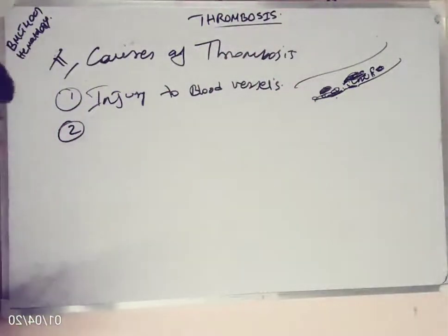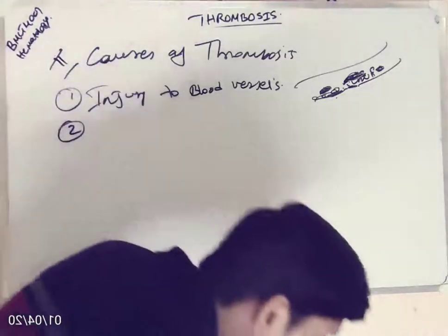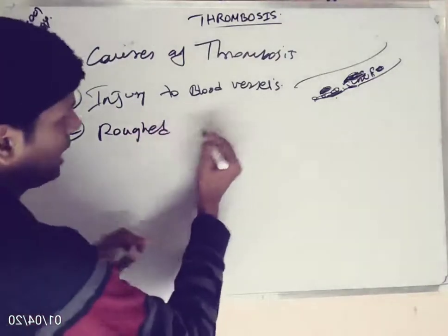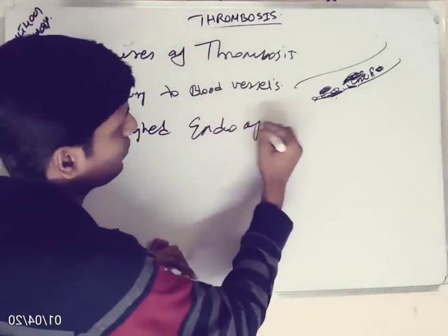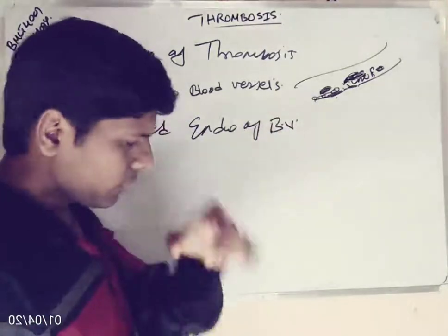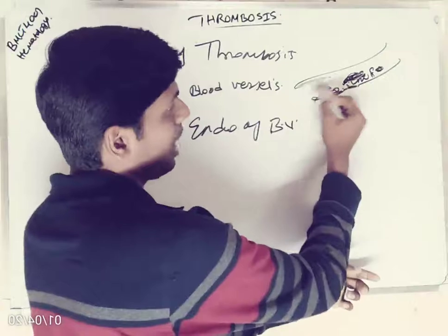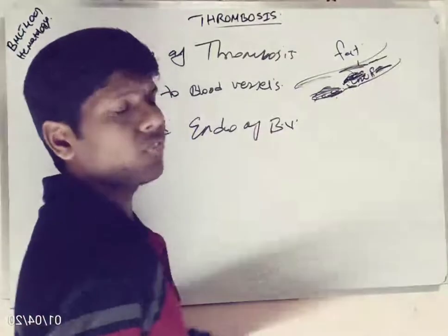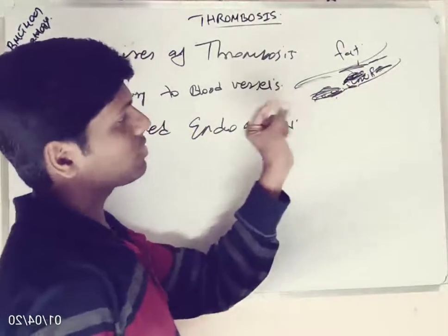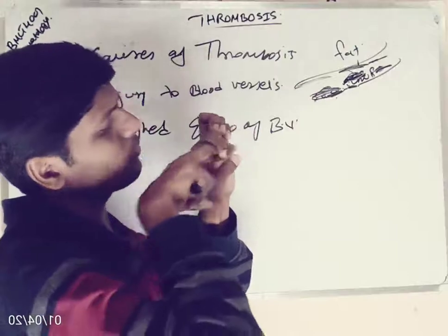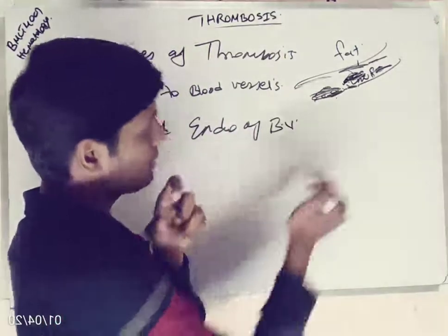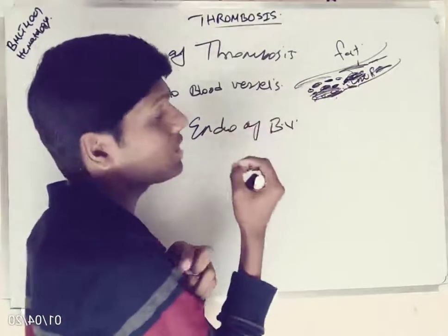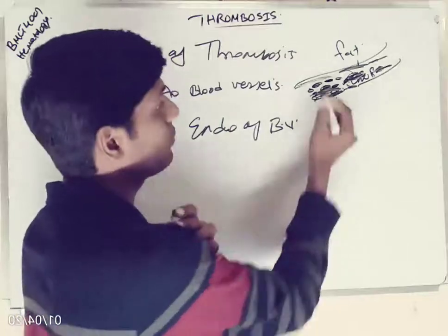So next one is roughened endothelium of blood vessels. There are a few conditions where the blood vessel wall will become very rough due to deposition of fat and cholesterol. Whenever the blood is flowing through these roughened structures, platelets will aggregate, and those aggregated platelets will in turn be activated and they will form clots.